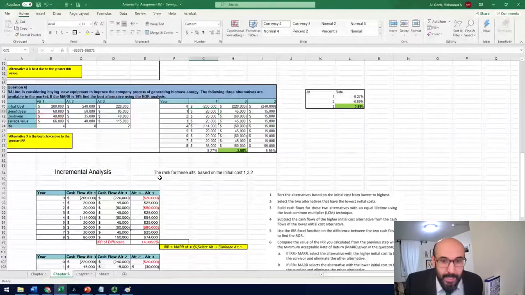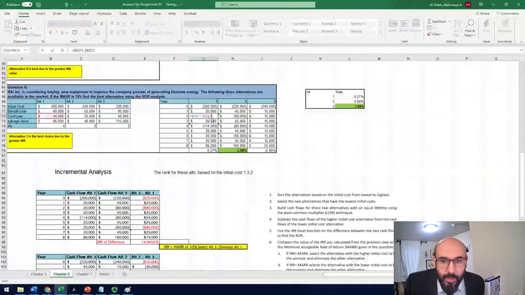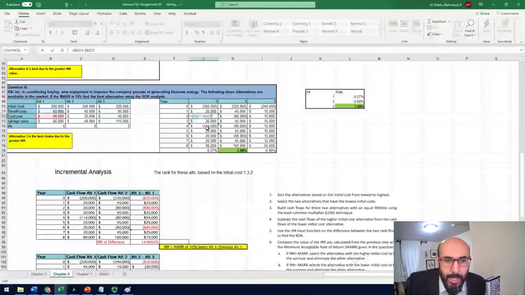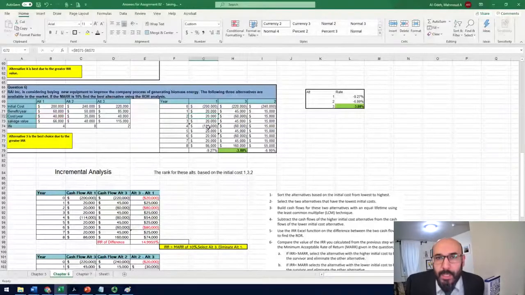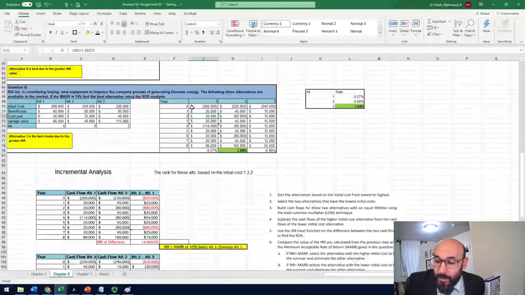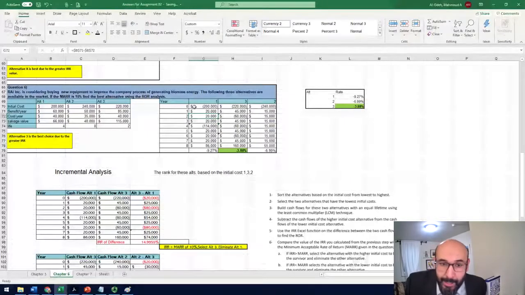And in this case, when I build the cash flow, it will take the same exact cells, B71 and B72. And this is just one way to lock the cells and use the same values in the same cells. So I built the cash flow for alternative 1.